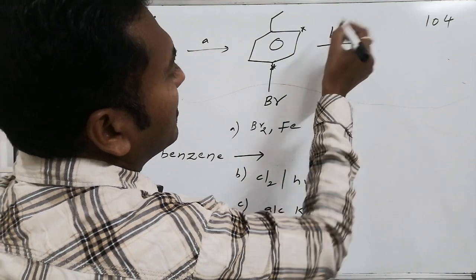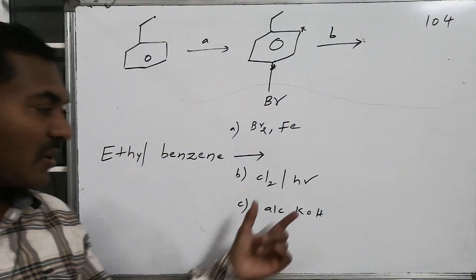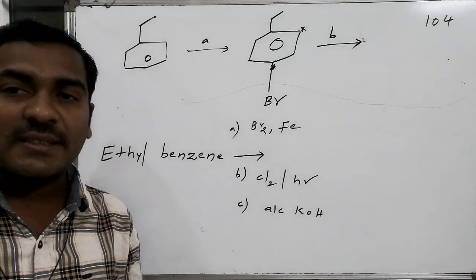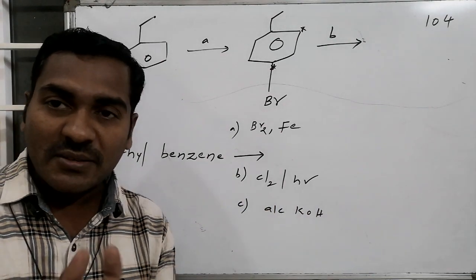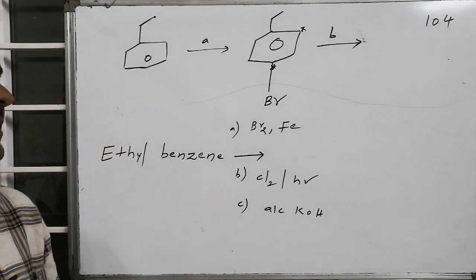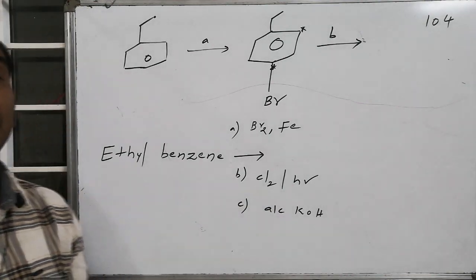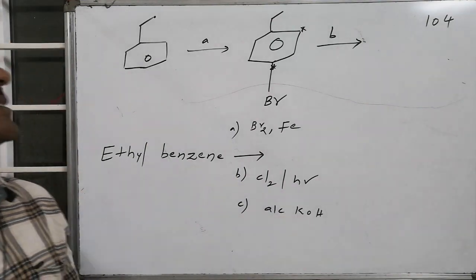After this we go for B. B is chlorine followed by HNU. Chlorine in the presence of sunlight is converted to chlorine radical. So the sunlight is utilized for the cleavage of the chlorine-chlorine sigma bond. As a result, chlorine radical is generated. Moreover, under these HNU conditions, radical is generated here also.